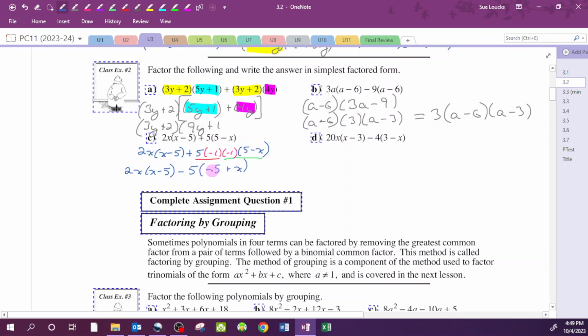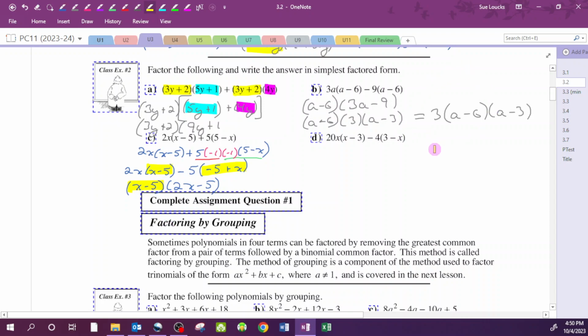Okay, and negative 5 plus x is the same as x minus 5. I just don't have time to write that in there, but I can factor that out now. I've got x minus 5 times 2x minus 5. And I can color these because those are actually the same. Okay.